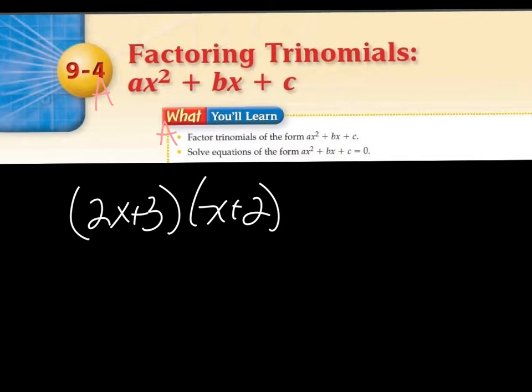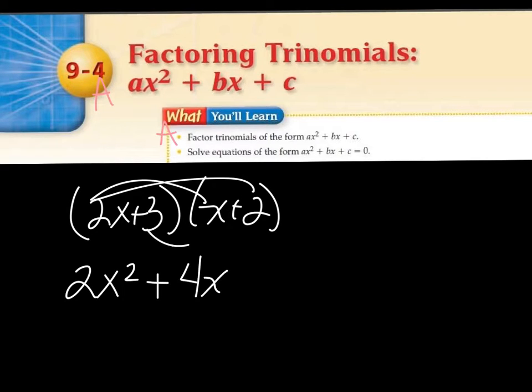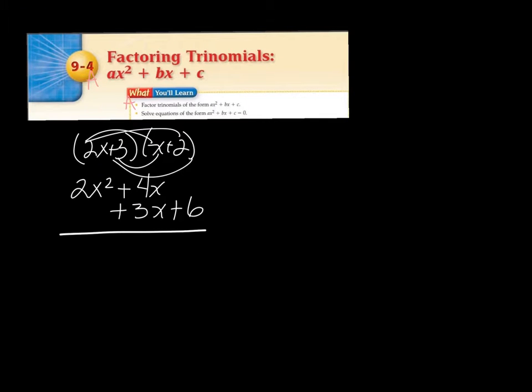We know how to multiply two binomials. So we're going to take first times first, first times second, second times first, and second times second. So we get a product of 2x squared plus 7x plus 6.